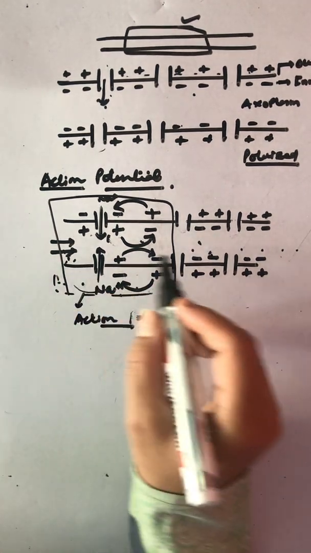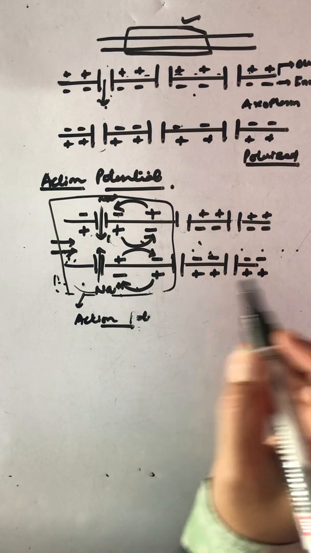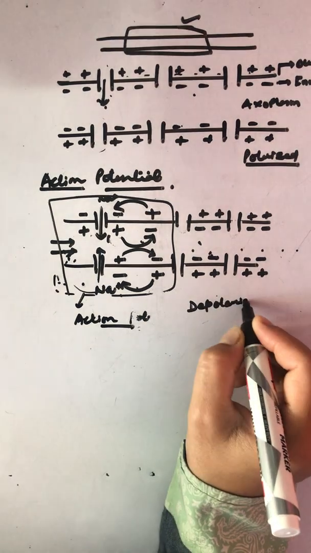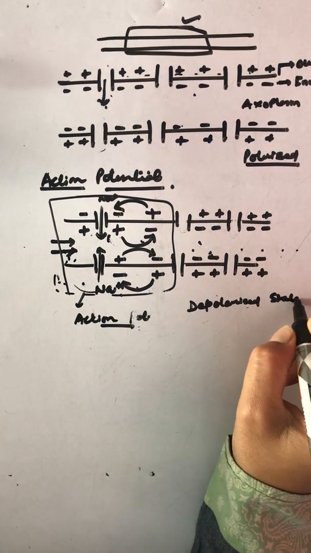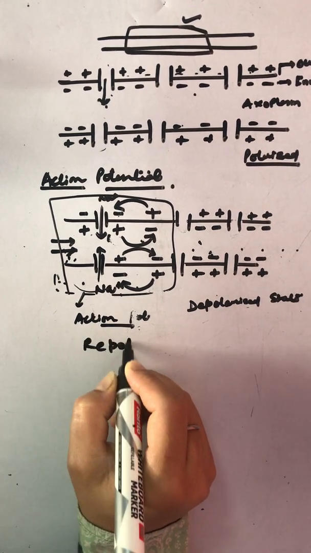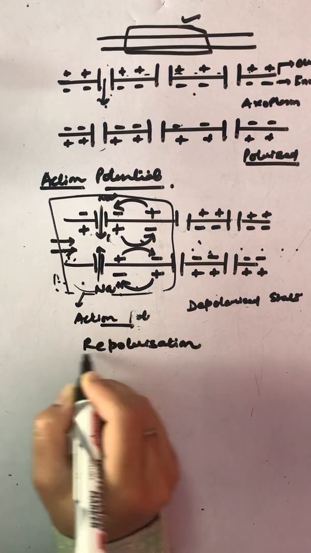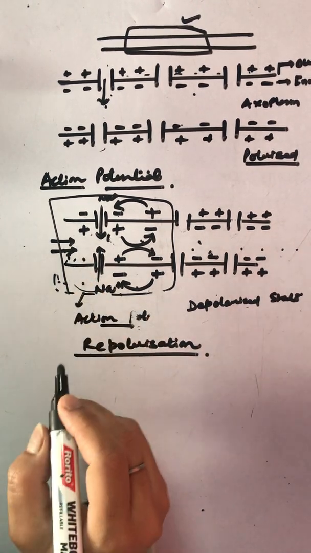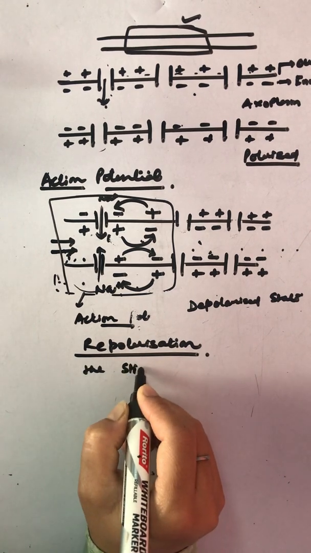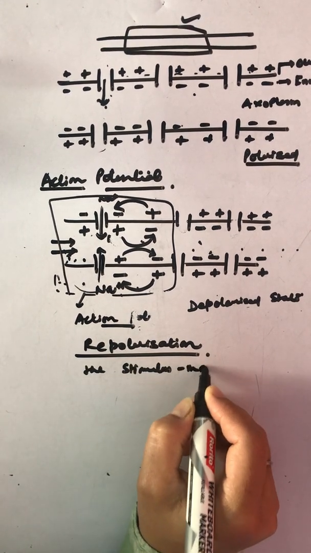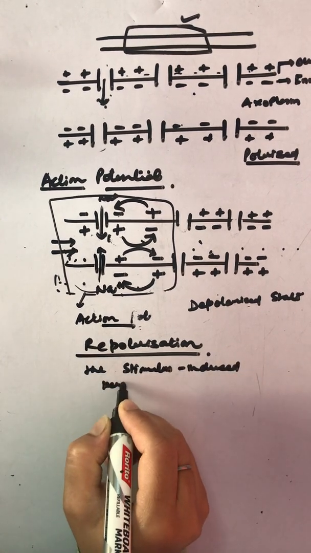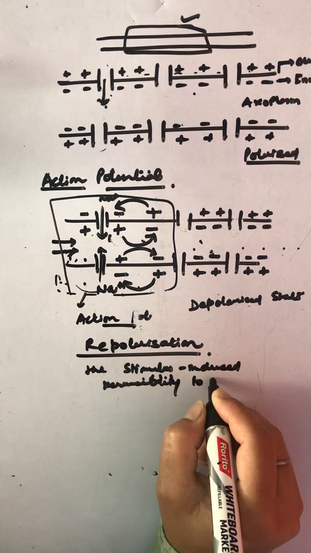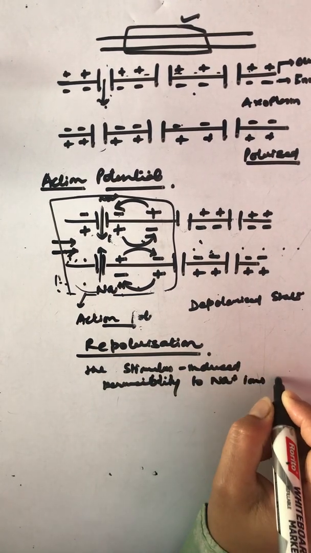Now, after this, what is happening? From here, it is moving further. This is a polarized state. This is now known as a depolarized state. How will it undergo repolarization? In repolarization, at the site of stimulus, this is the site of stimulus, the stimulus-induced permeability to sodium ions is very short-lived.